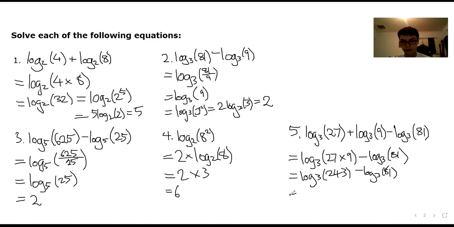Then we have log 243 divided by 81 with base 3. And then we just get log 3 with base 3, and that's just going to equal 1 then.